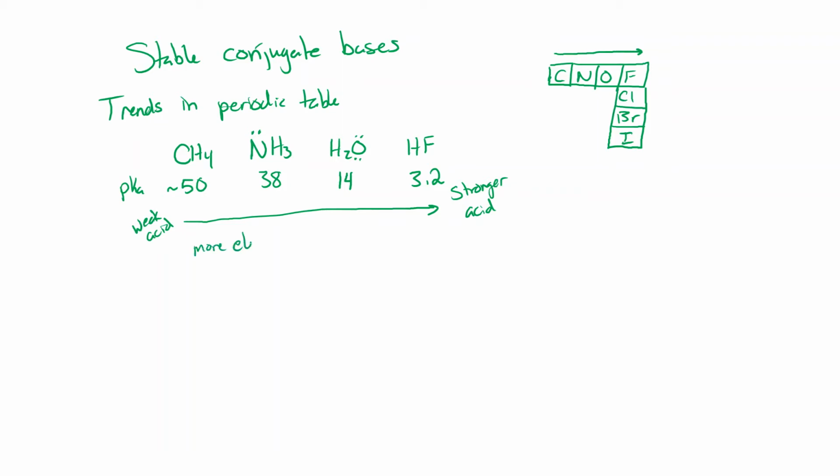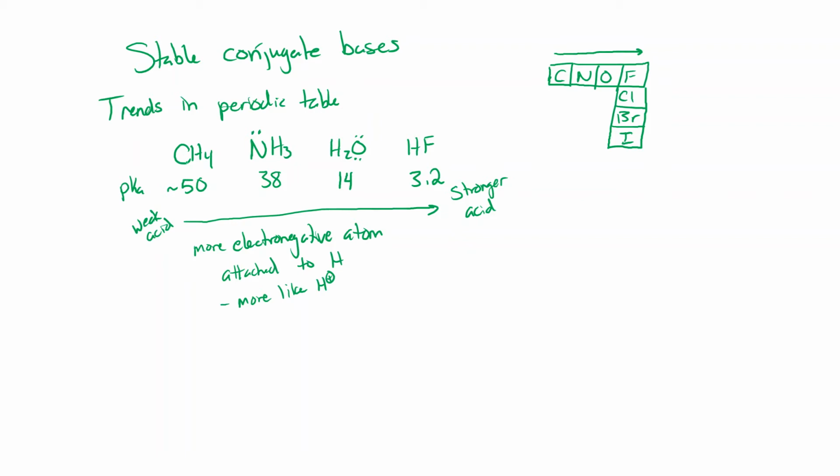You have a more electronegative atom attached to the hydrogen, which means it's more like H plus. If you look at the HF bond, the fluorine is very electronegative. The fluorine is going to hold most of the electrons on its side of the polarized bond, and so the hydrogen will have a pretty large delta plus on it.